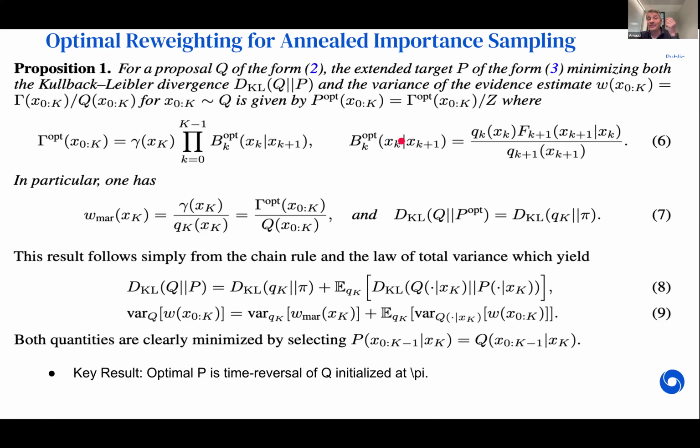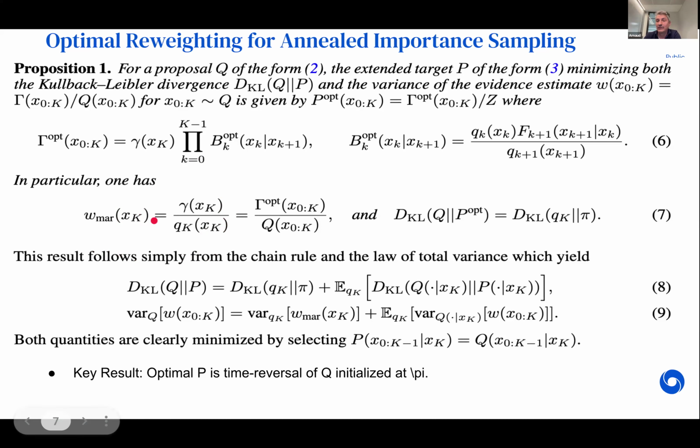And in particular, what this tells you is that if you were able to pick this choice of backward Markov transition kernel, and we see this is problematic because it depends on the marginal distribution of this non-homogeneous Markov chain, and it's typically not tractable. But if you were able to pick that, then the evidence estimate, your importance weight estimate of the normalizing constant, simply boils down to the intractable marginal importance sampling estimate I couldn't compute in the first place.